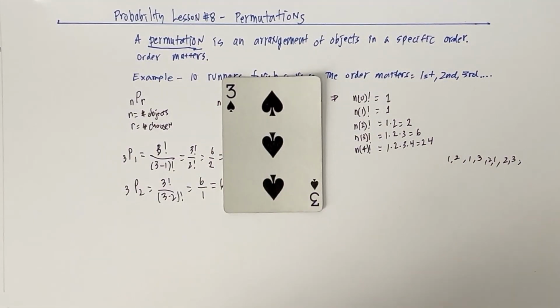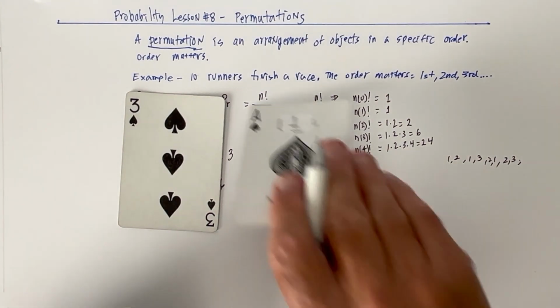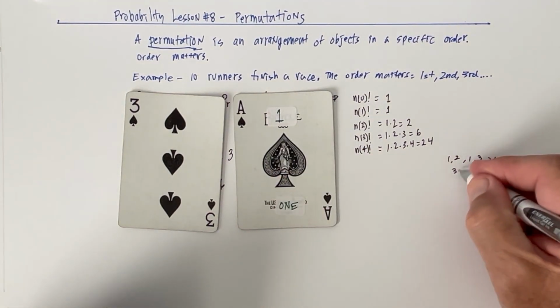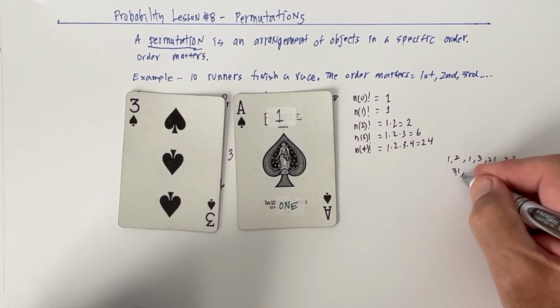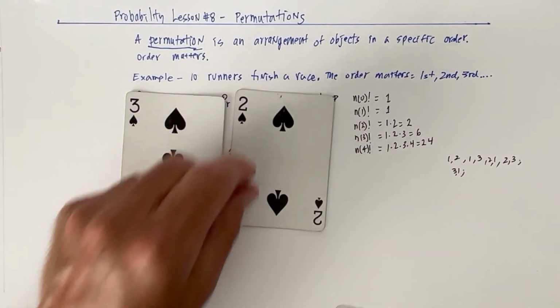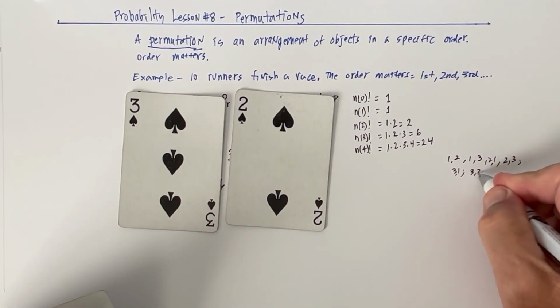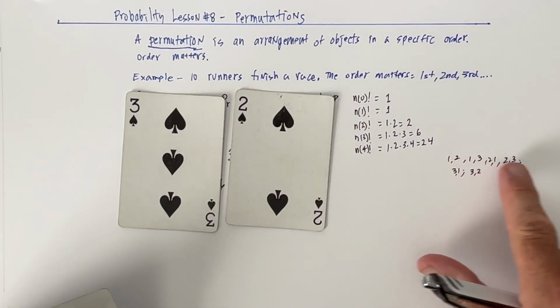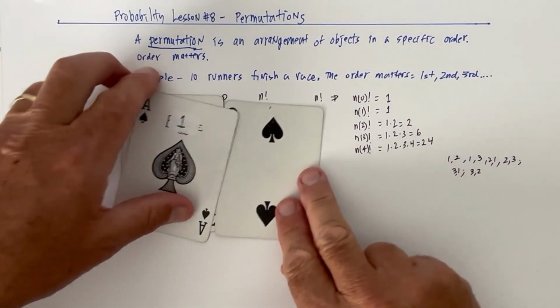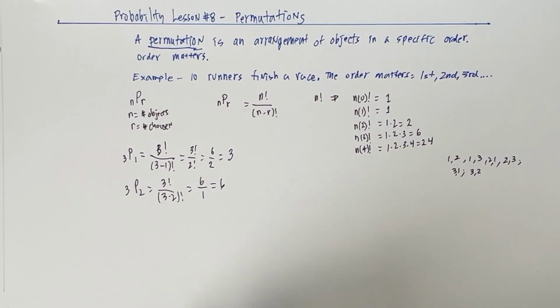Now we'll put the 3 in front. So we've got 3, 1, and we have 3, 2. That's 1, 2, 3, 4, 5, 6. Okay, so that's the way of arranging those 3 objects taken 2 at a time.